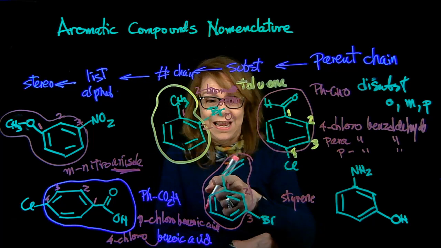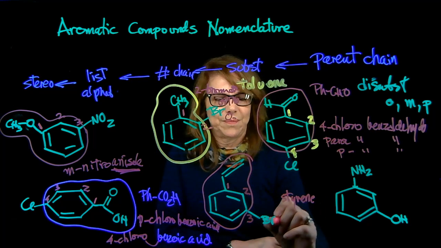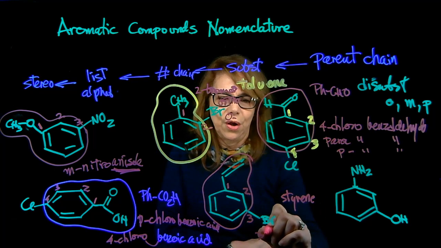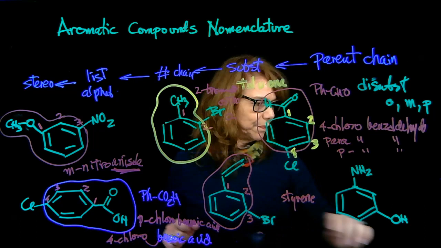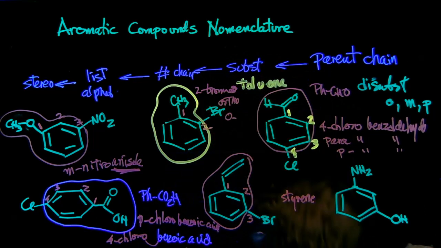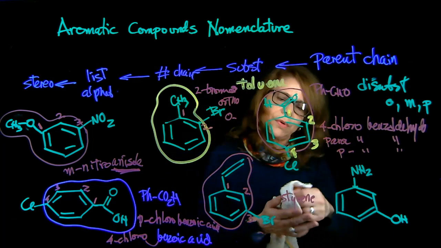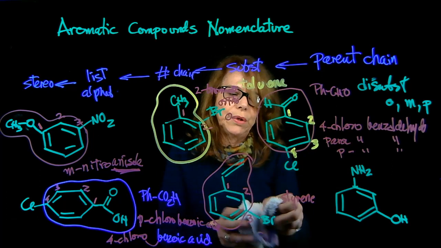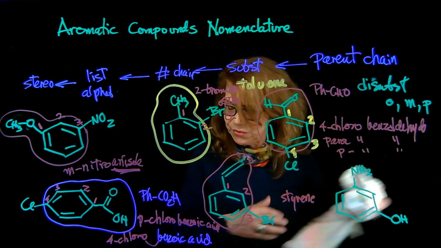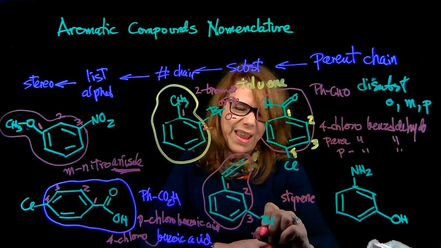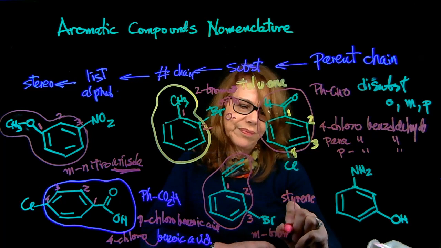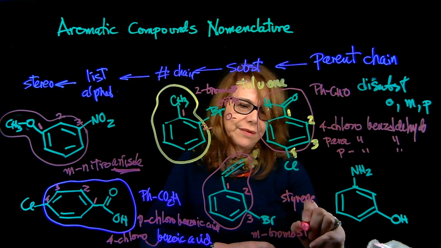So this is 3-bromostyrene. Let's replace it by my number. I'm replacing the number with meta, because we know that the 1,3 relationship is meta. So I'm going to say here meta, or m-bromostyrene.